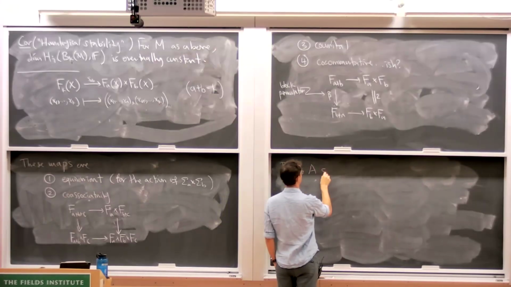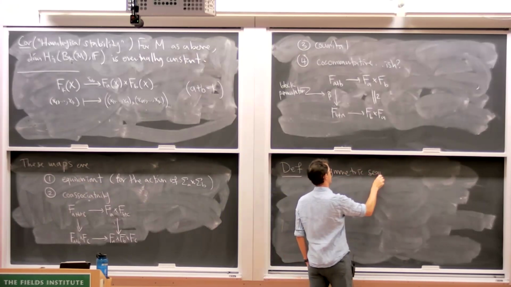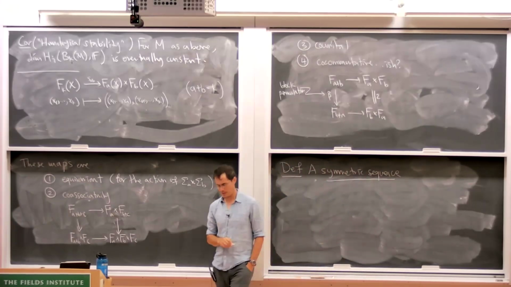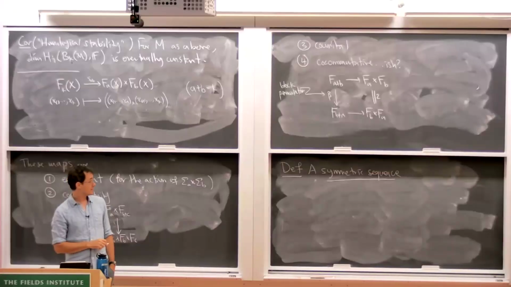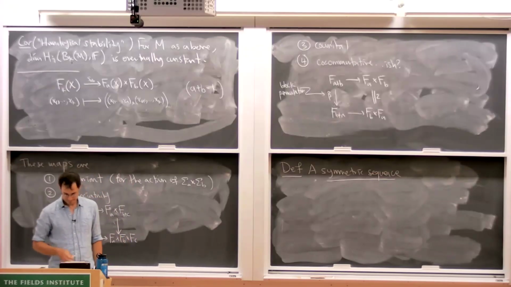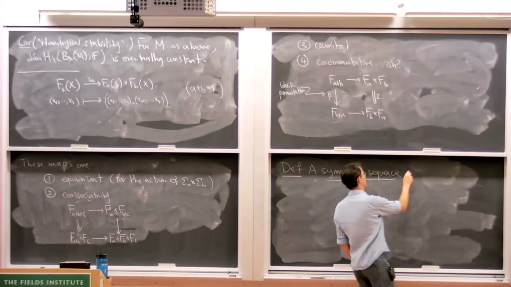So we're going to call that a symmetric sequence. This has many names in the literature. Some of them include species, which is kind of an amazing name, and FB module, which is a drier name. I'm going to use the older symmetric sequence.